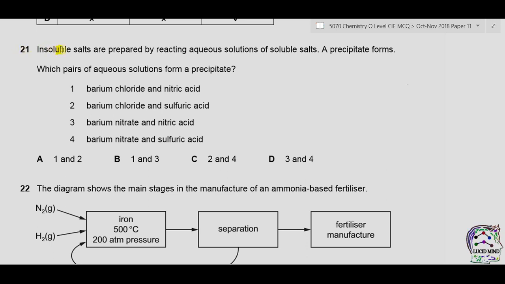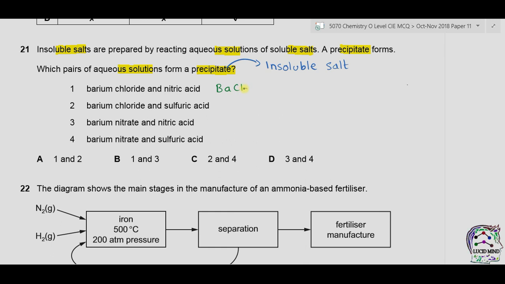Question 21. Insoluble salts are prepared by reacting aqueous solutions of soluble salts. A precipitate forms. Which pairs of aqueous solutions form a precipitate? Now, precipitate is an insoluble salt that is formed by combining two soluble salt solutions. First one is the reaction of barium chloride with nitric acid.